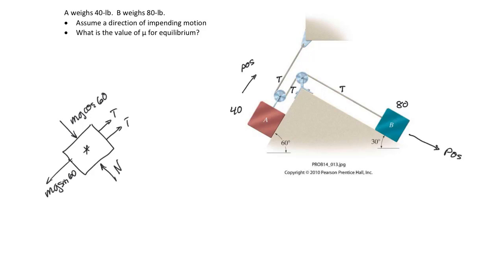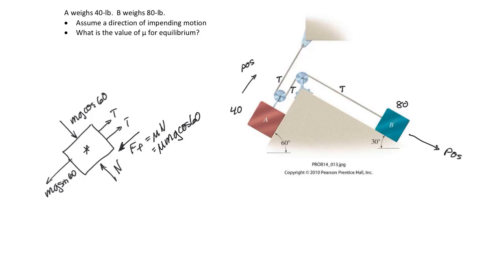Now, if it is positive going uphill, that means the force of friction is going to be opposing that motion. I know if it's a slip scenario, force of friction is equal to mu times normal. And because there aren't any other forces in the y direction, I can say by observation that the force of friction is equal to mu mg cos 60.